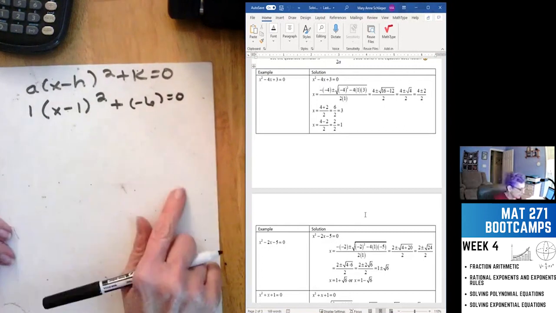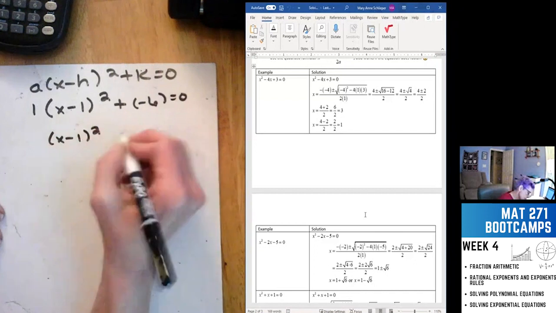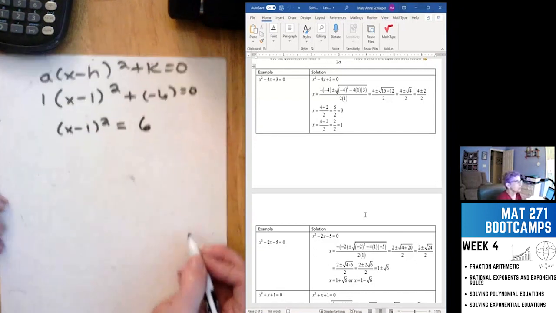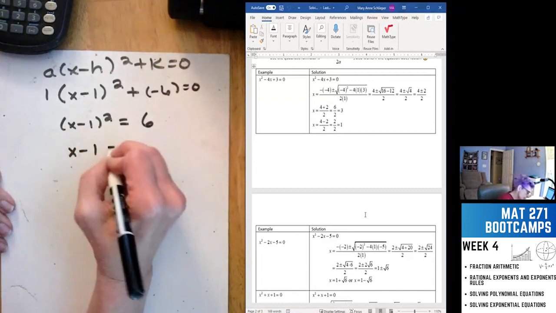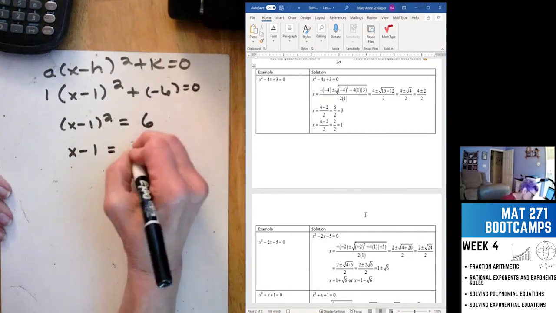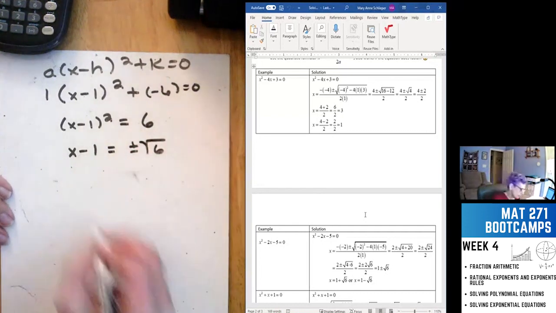Well, now I have something I can solve. This is (x minus 1) squared, add 6 to each side, is equal to 6. So x minus 1, that square root property, and don't forget the plus or minus, is equal to plus or minus the square root of 6.